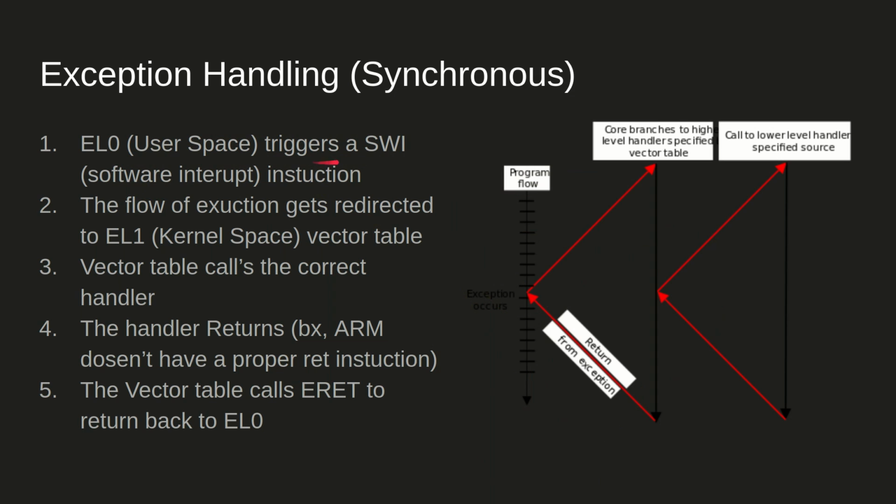It executes a software interrupt, or the name changed in 64-bit, but I can't remember it at the moment off the top of my head. Then the execution flow gets redirected to EL1's vector table. The vector table sends it to the correct handler, the handler does its thing, and then it does an ERET back to EL0.